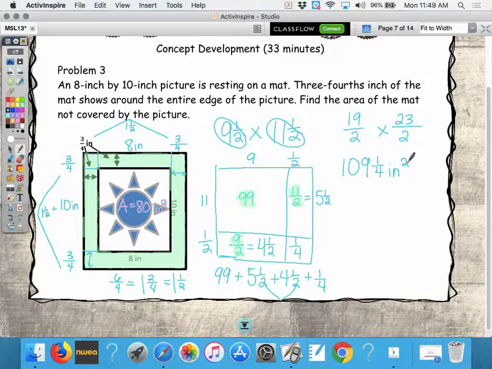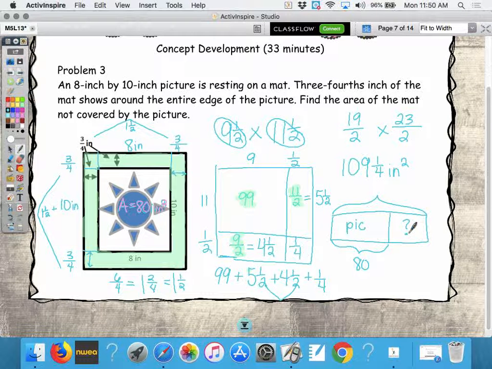Okay, you ready? Draw a little tape diagram here. That's my total. 109 and 1/4 inches, right? Okay. What's the total of my picture? 80. So my question mark is, how much is left over after that? Okay.